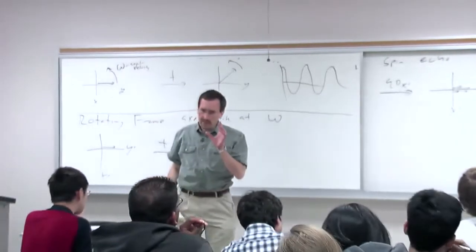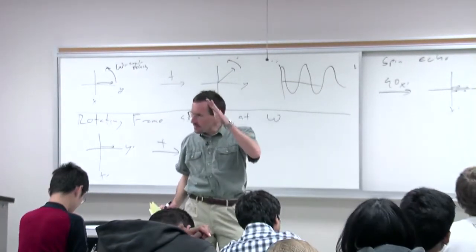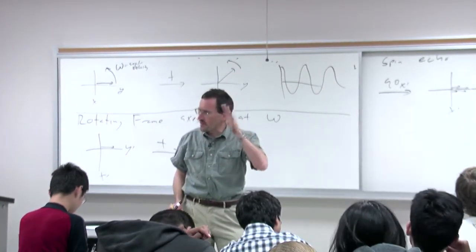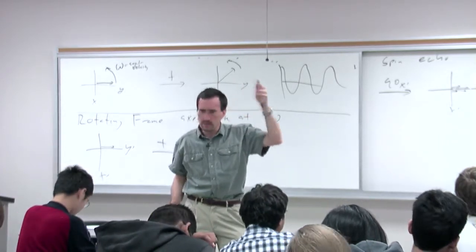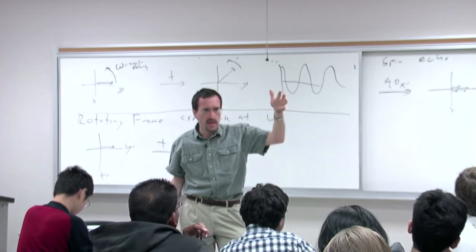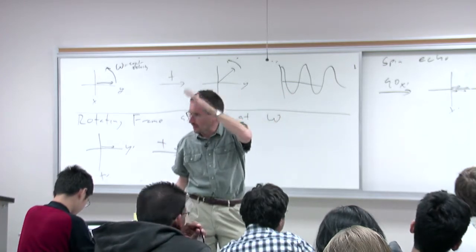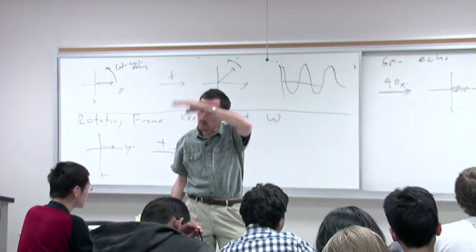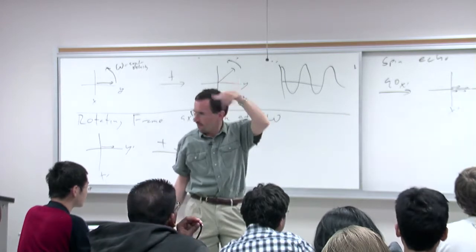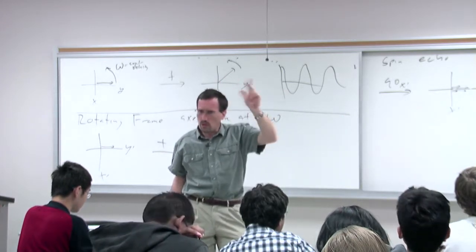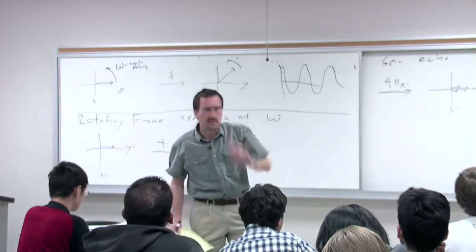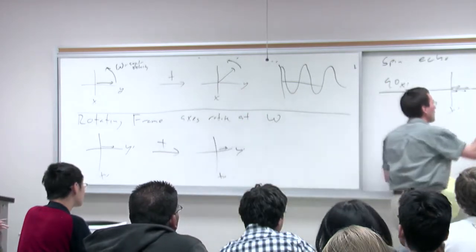But now let's say for a moment that some of those vectors are moving a little bit faster than the Larmor frequency, than the velocity omega, and some of them are moving a little bit slower. So in other words, we've got our frame rotating at 500 million cycles per second, but some vectors are going a little faster, and some vectors are going a little slower.